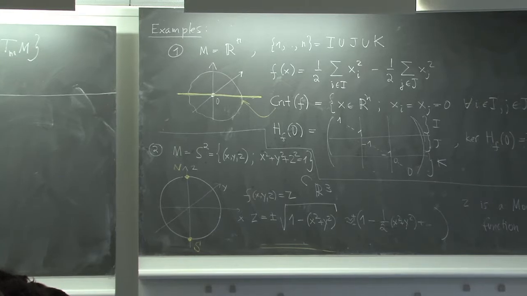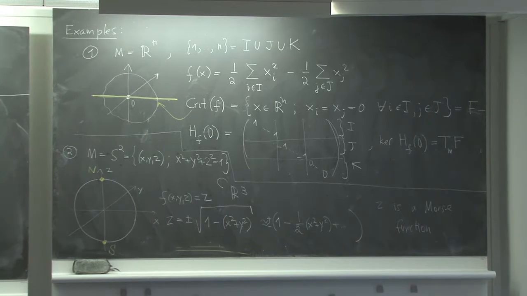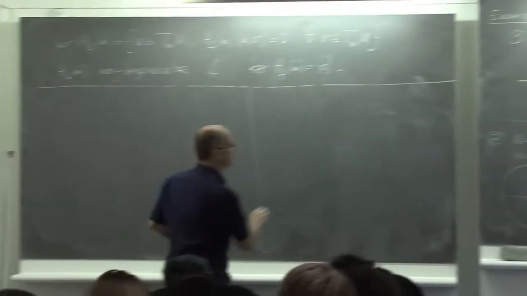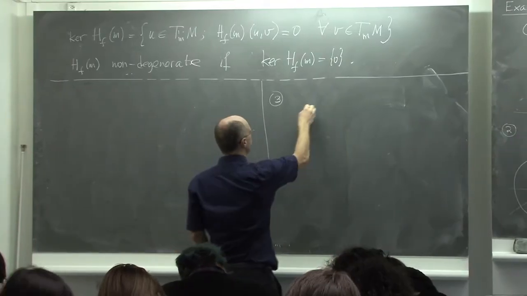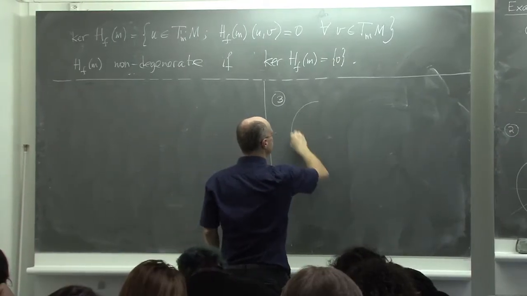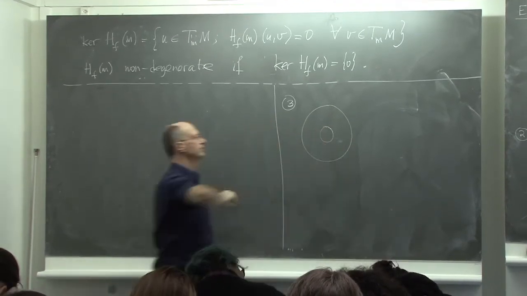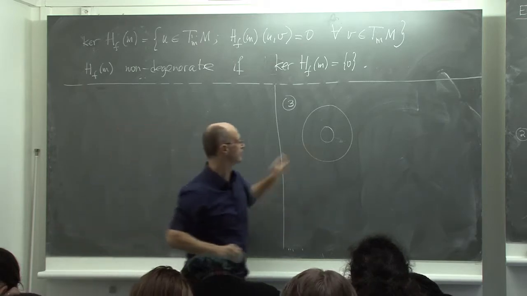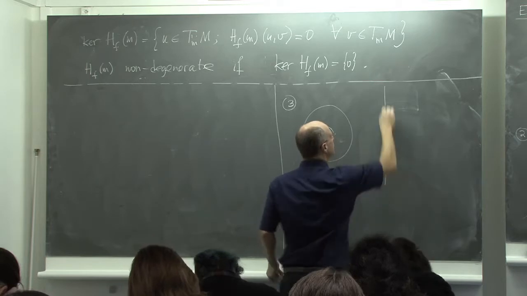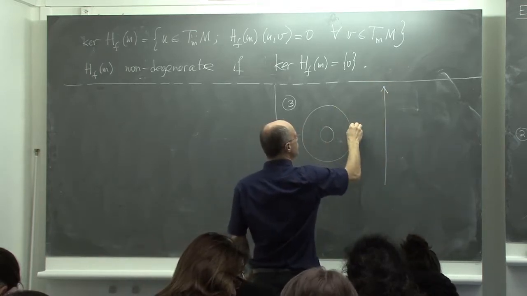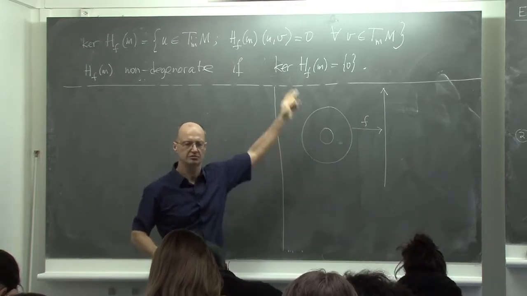Maybe two more examples, preparing for some future considerations. Somewhat less formally, let me take a two torus, again embedded in R3, something like this, and I take a projection, so F will be the projection, let's say, on the vertical axis.